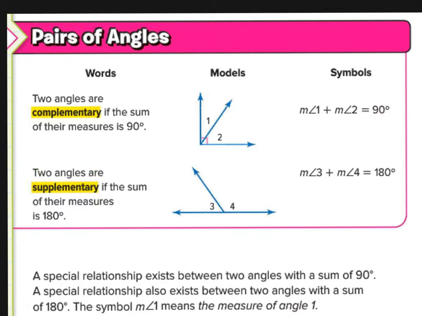Two angles are supplementary. They supplement one another if the sum of their measures is 180, meaning once they meet together, they make a line. Okay? So measure of angle 3 plus measure of angle 4 equals 180, as you can see there.